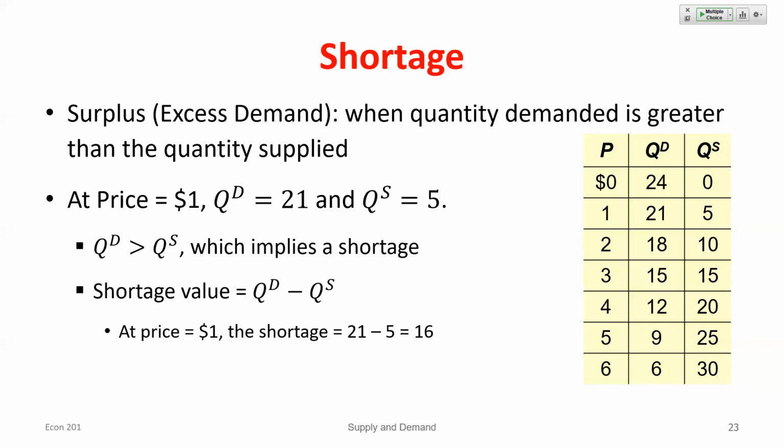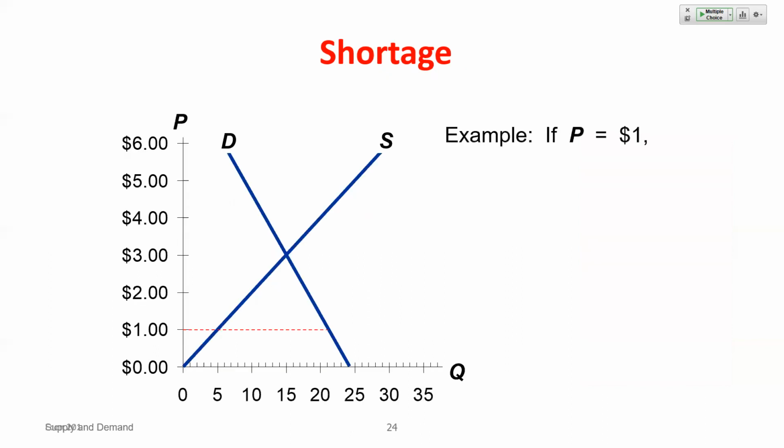So here we would have a price of $1, a shortage of 16. And we have the same sort of pressures going on that we did when we had a surplus. If we have a shortage, supply is way too low. If I'm a producer currently selling Elmo dolls for $1, and there are 16 more people who'd be willing to buy these, I could probably raise the price a little.